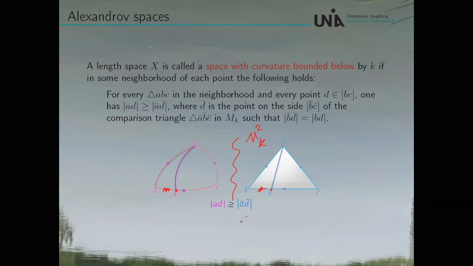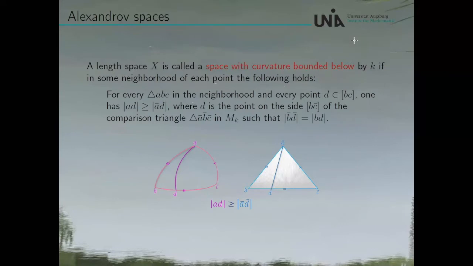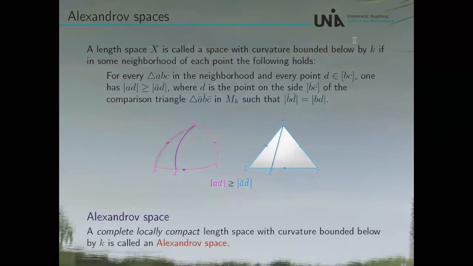Roughly speaking, our triangles are fatter than the triangles in the model space. If such a thing happens, we say that the length space has curvature bounded below by k.